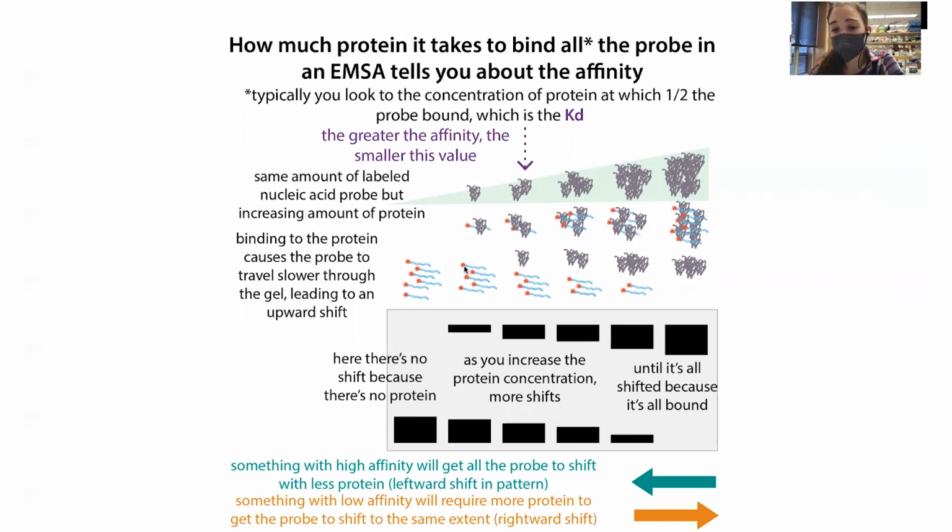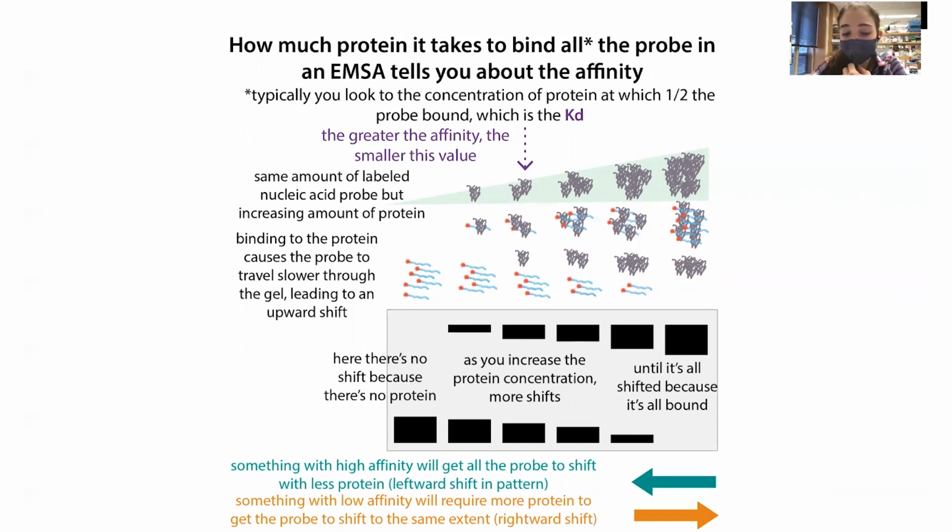As you increase the protein concentration, if they bind, it's going to shift. The more protein you bind, the more the band is going to shift, because now it's bound to the protein and not just free, it's going to be bigger, and so it's going to move slower, and then eventually it'll all get shifted. And so if you do a concentration range, then you can find the approximate KD and that sort of thing as well.